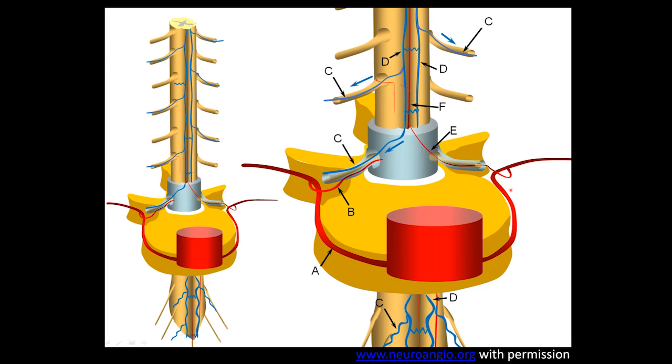This is a graph showing how the radiculomedullary artery enters by running very close to the nerve root sleeve. And in the same space, we will also have some veins that exit the spinal cord through the same region.